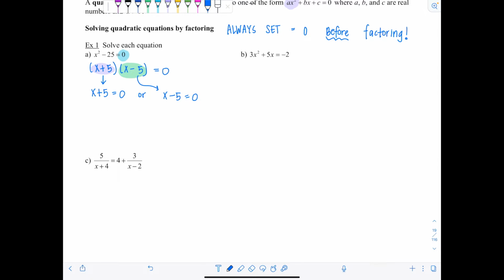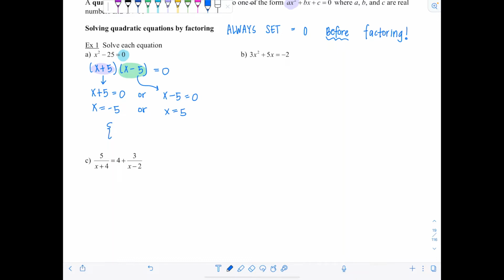That's why it's called the zero product property. The 0 is essential. From here, you've got two linear equations. Subtracting 5 from the first one, we have x equals negative 5, or adding 5 here, x equals positive 5. We don't have any restrictions, so those can both go in our solution set.